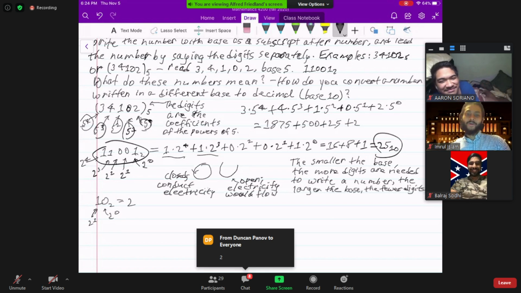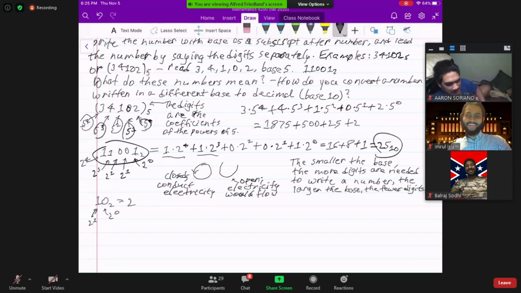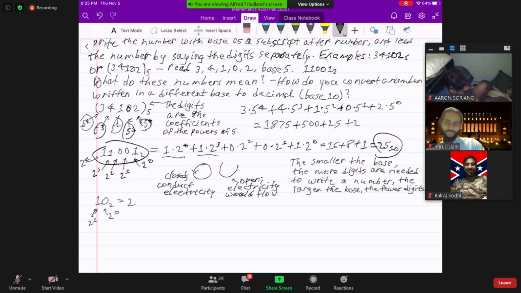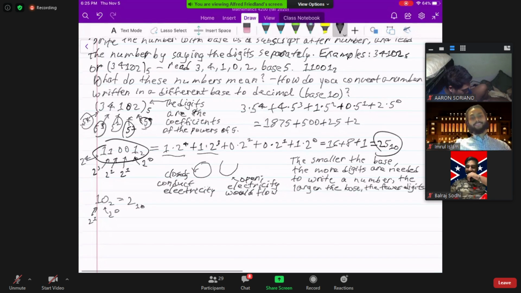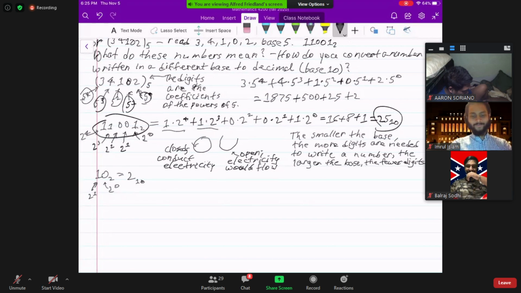So the way you express 2 in base 2 is a 1 in the 2's column, so to speak, a 1 multiplying 2 to the first, and then 0. So again, 2 meaning 2 base 10, but I don't write the base, it's understood to be 10.